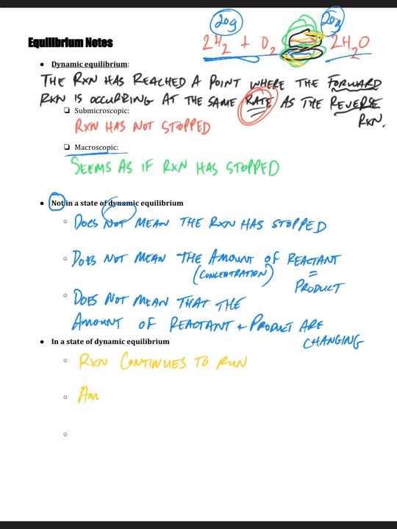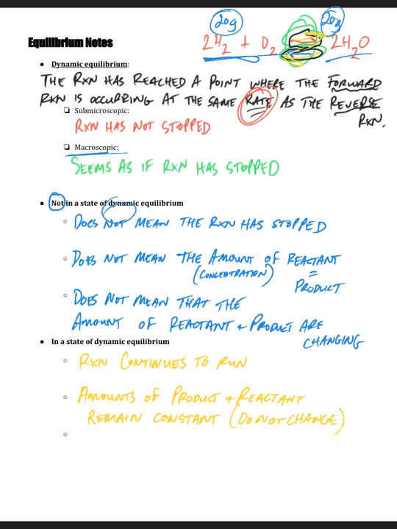Number two, the amounts of product and reactant remain constant, meaning they do not change.